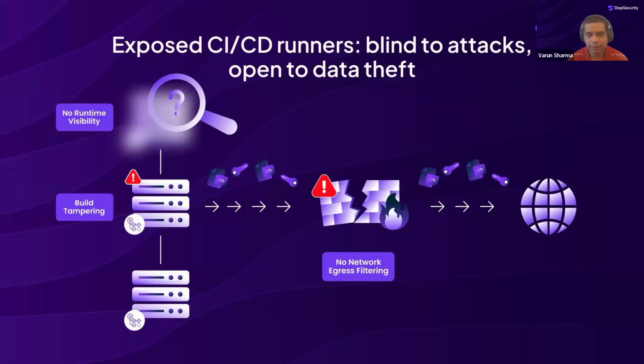The second problem that we hear is about the security and monitoring of the CI/CD runners where these jobs run. Typically, enterprises have security monitoring for their desktops and laptops, and also for their production workloads.